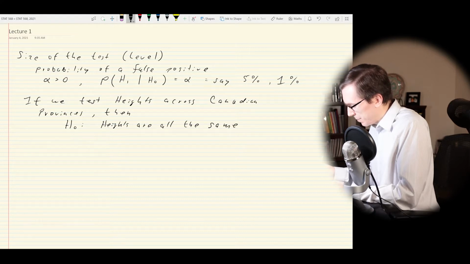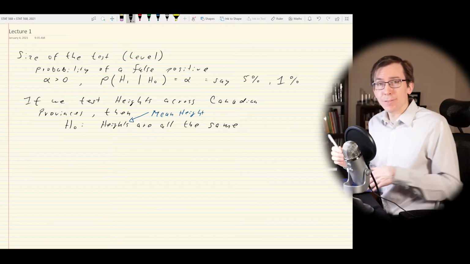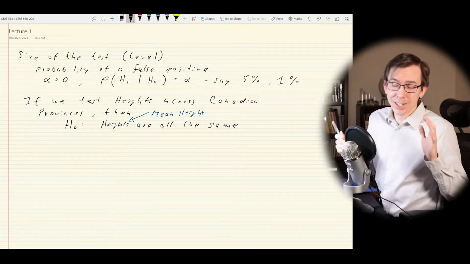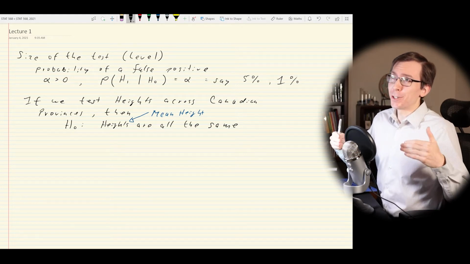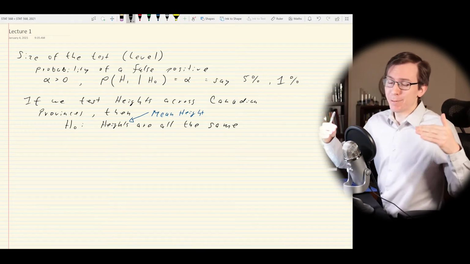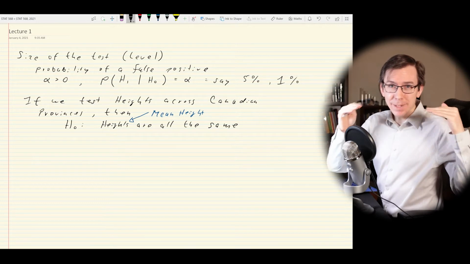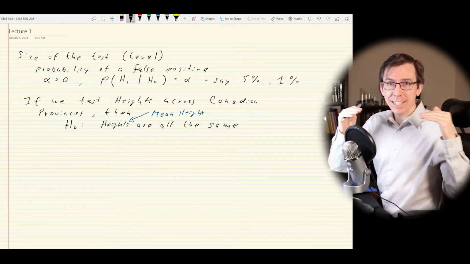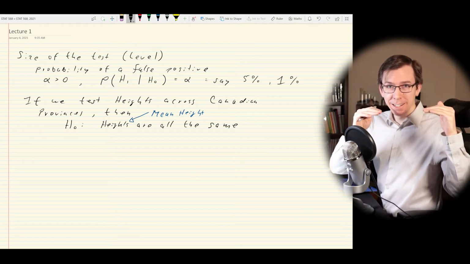I should be specific there. What I actually mean is not that the heights are all the same, but that the mean height is the same. What we're actually doing is testing for equality of means. So what we're assuming in the null setting is that the average height, the mean height of citizens of each Canadian province, is the same in each one.